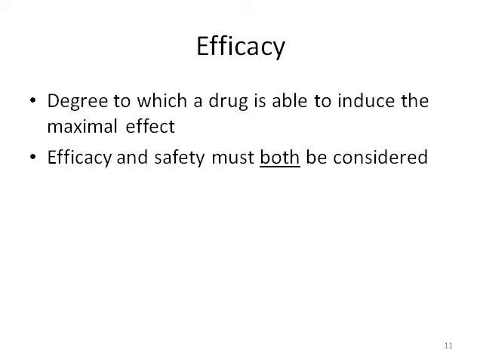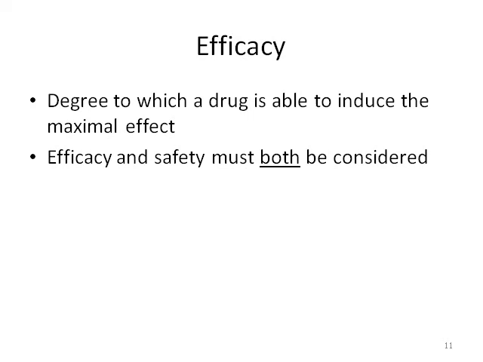We usually talk about efficacy from the standpoint clinically of whether the drug is producing the therapeutic response we want. You have to take that into consideration with safety. There are a lot of drugs that will produce a response that you want, but sometimes with the risk of serious side effects.